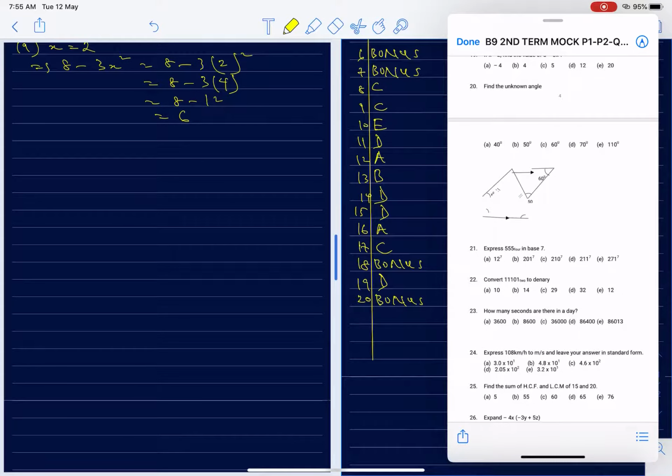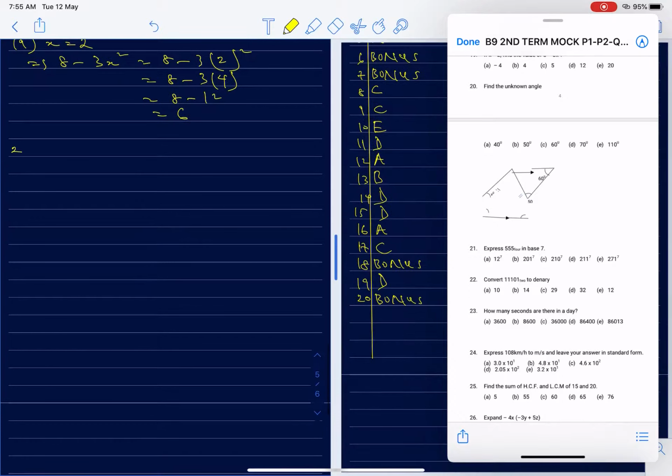To do that, we can change the number to base 10 first. 555 base 4, we want to express that in base 7, but we are changing it to base 10 first. Label the positions 0, 1, 2. That means 5 times 4 raised to power 2 plus 5 times 4 raised to power 1 plus 5 times 4 raised to power 0.